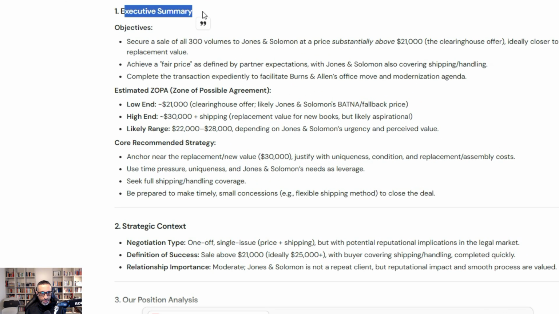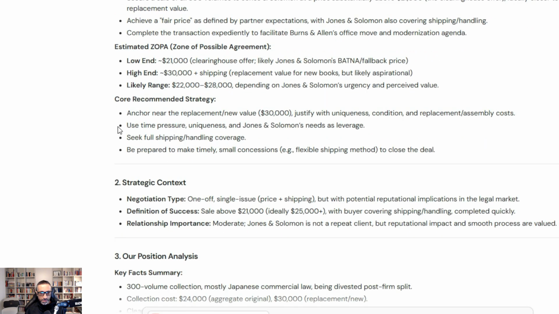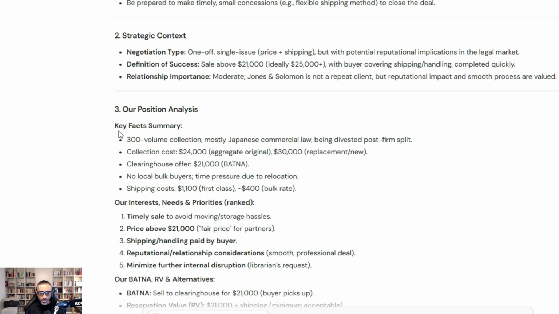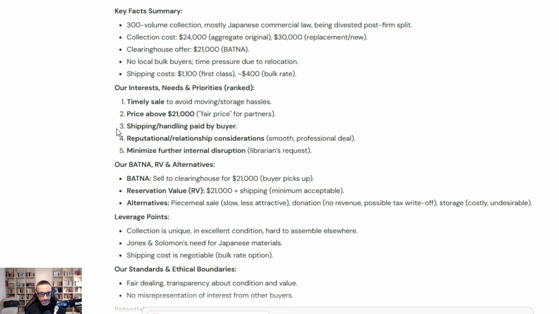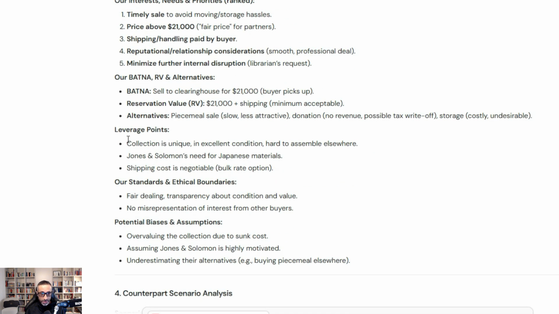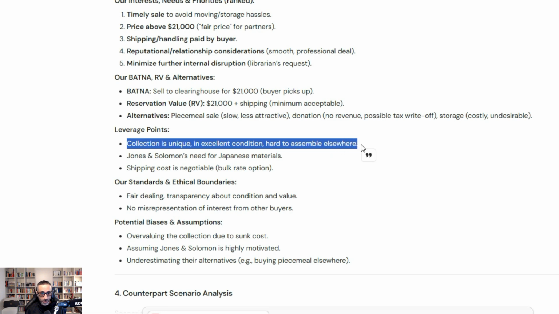Executive summary, the objectives, estimated ZOPA, core recommended strategies, the strategic context, our positions, so the key facts, our interest, needs and priorities, our partner's reservation value and alternatives, leverage points: the collection is unique, in excellent condition, and hard to assemble elsewhere.